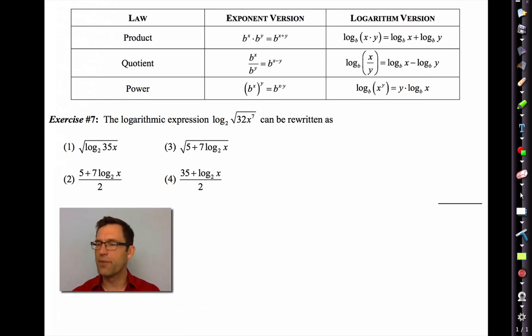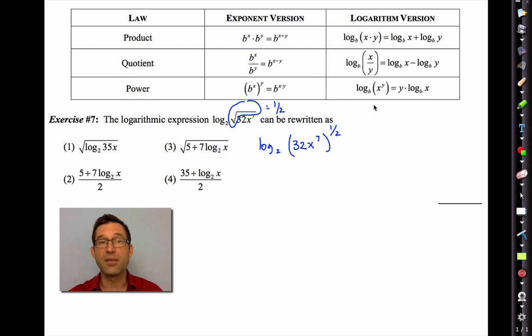All right, let's go through it. So, it's somewhat hard to see what the big structure is here. One thing I know I can do is rewrite that square root symbol as a 1/2 power. So I'm going to write this as 32 x to the 7th all to the 1/2.